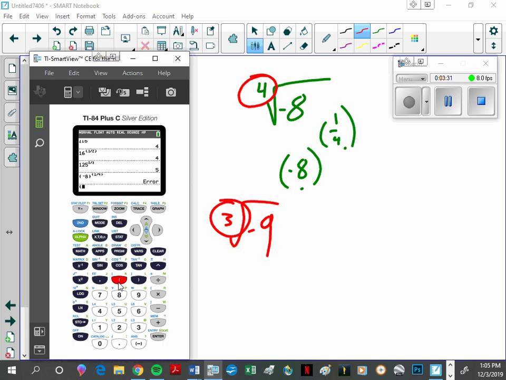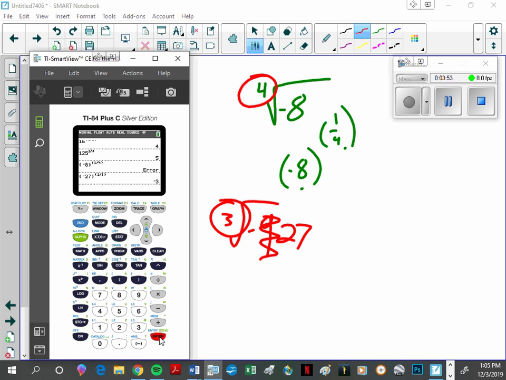So parenthesis -9, actually let's not do 9, let's do 27. -27 raised to the 1/3, and I get -3. -3 times -3 is 9, times -3 is -27.